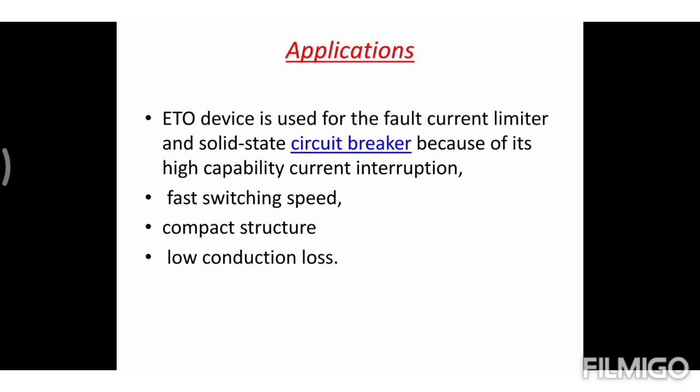It is used in circuit breakers because of its high current interruption capability. Next, the second application is fast switching speed, the third one is compact structure, and the fourth one is low conduction losses.